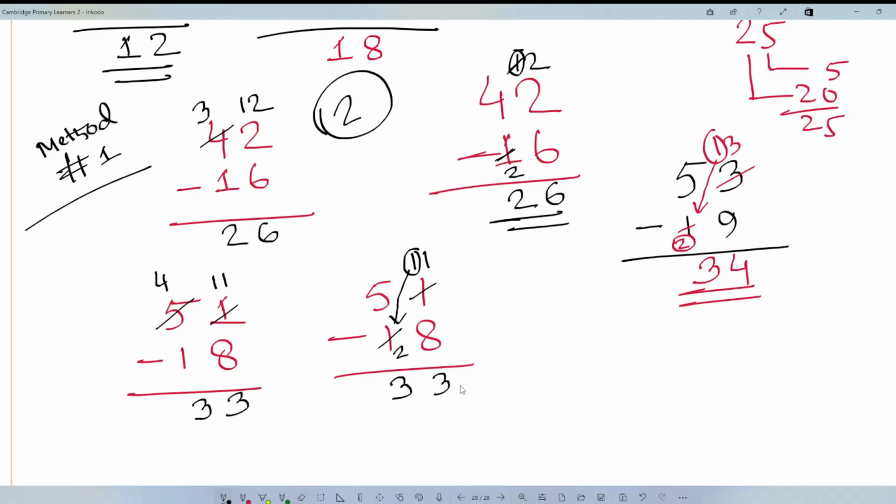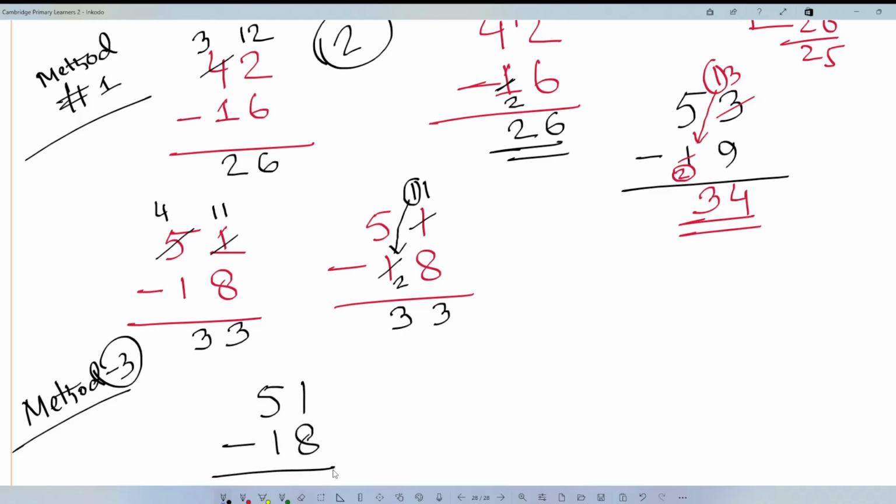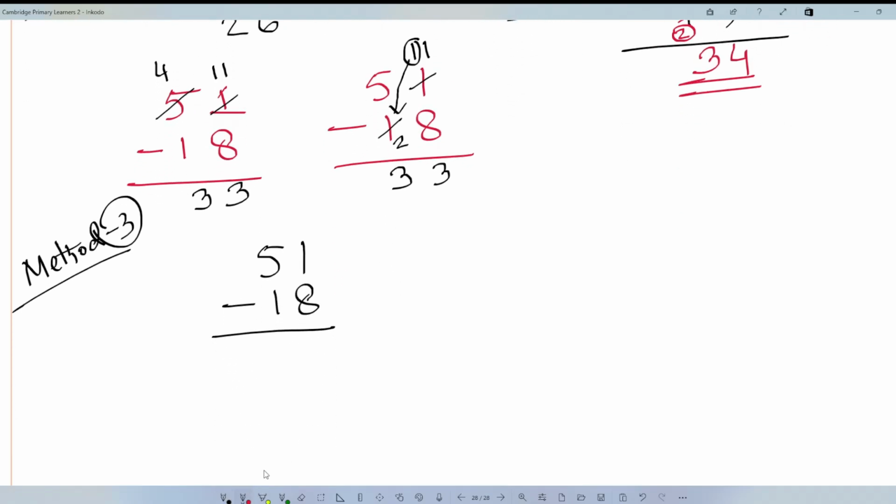Let's discuss another method. Method 3. Basically, I love this method. Suppose 51 minus 18. We know about round table. It means 18 round table is 20.